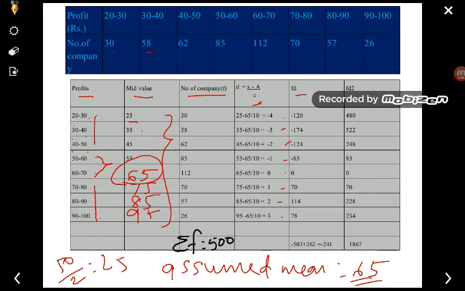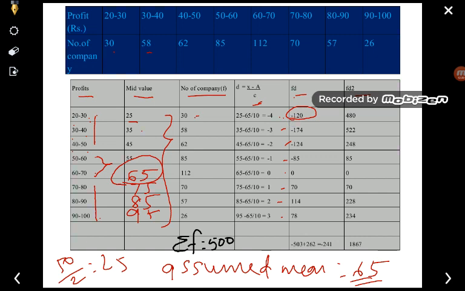What do you mean by f? f is the frequency. So 30 into, what is d? d is the deviation. How much do you get for d? As minus 4. So 30 into minus 4 will give you minus 120.